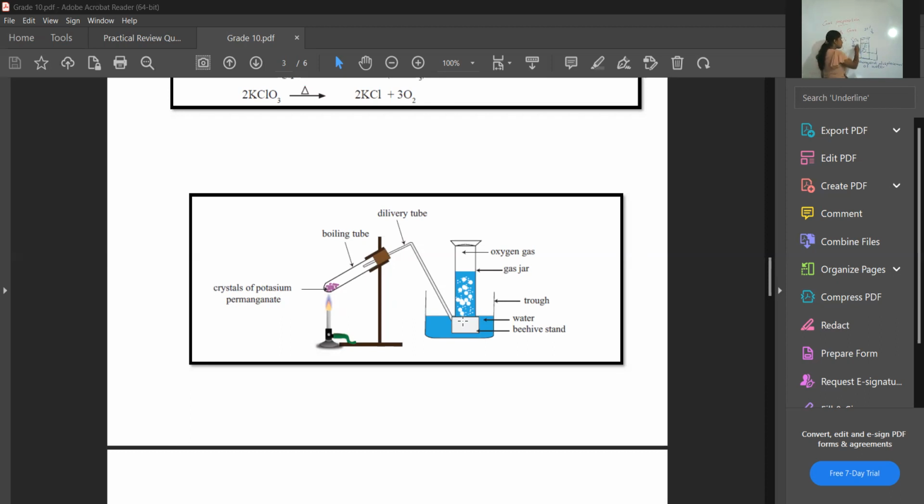So here, through the delivery tube, oxygen gas is sent to the gas jar. When oxygen gas enters the gas jar, the water level goes down. So this one is also downward displacement of water. That is the collecting method of oxygen gas.